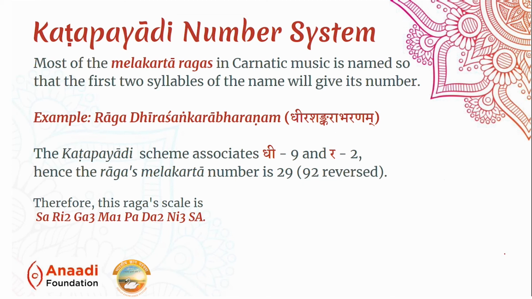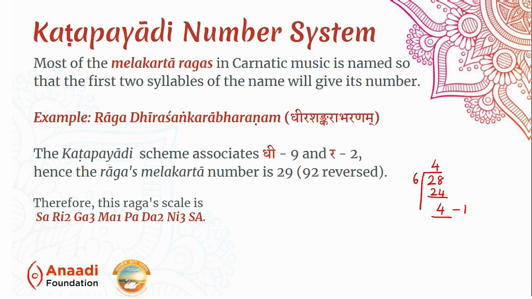Now, the next step is to reduce the Melakarta number by 1. So, the number is 29, and we reduce it by 1. So, the number is 28. We now divide this by 6. 6 4s are 24. We get 4.